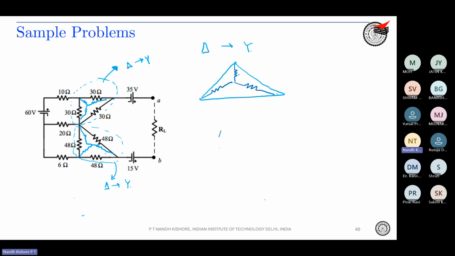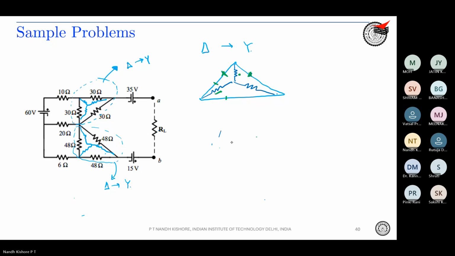This resistance, the one in dark blue, will be the multiplication of the adjacent two resistors divided by the summation of all three. For instance, this particular resistor will be the multiplication of this and this resistor divided by the summation of all. So it will be this multiplied by this divided by the summation of everything.